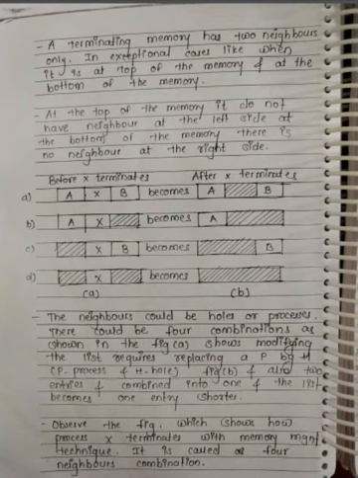If any process is terminating in the memory, then the terminating process has two neighbors only, except in exceptional cases, like when it is at the top of the memory or at the bottom of the memory.